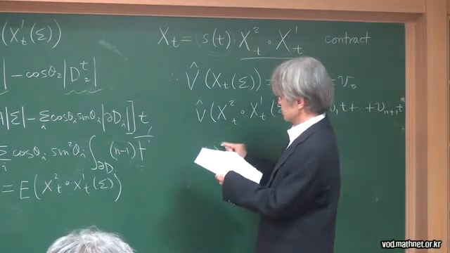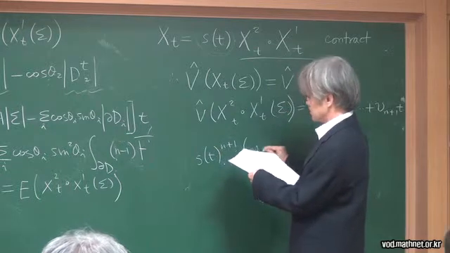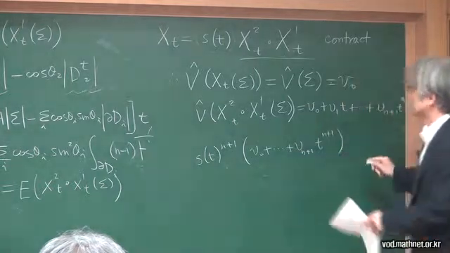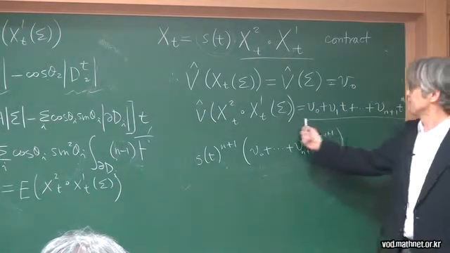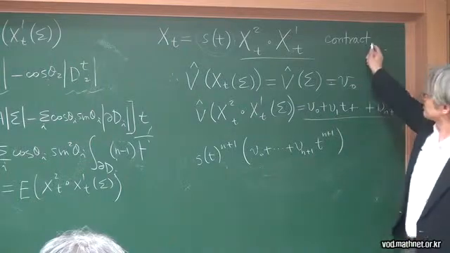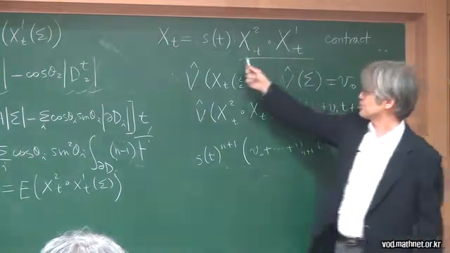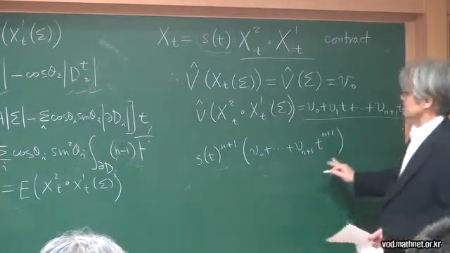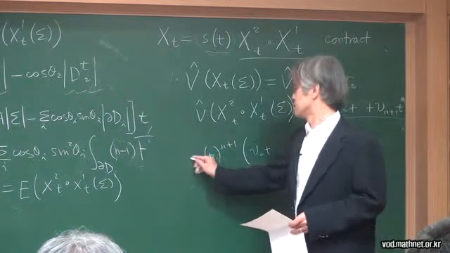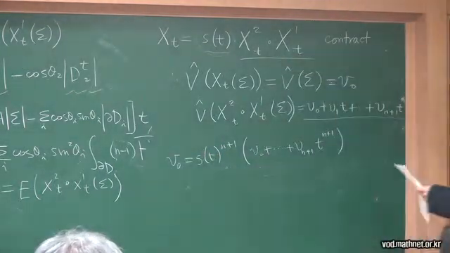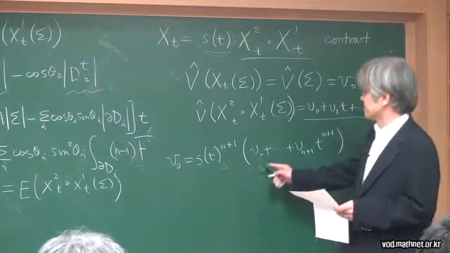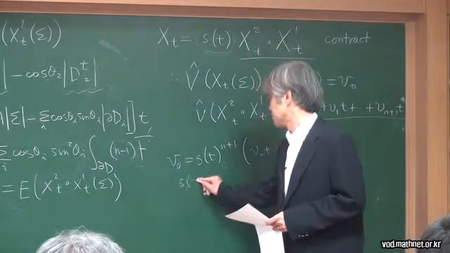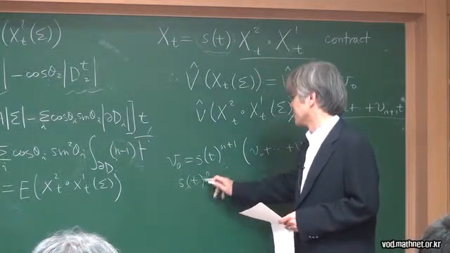s of t to the n plus 1 times v0 plus v n plus 1 t to the n plus 1. So after time t we have this volume, but we introduce contraction. So by contraction by this factor, volume decreases by s to the n plus 1. So this is the resulting volume, which is required to be equal to the initial volume. And from this condition, we can obtain a condition for s to the n.